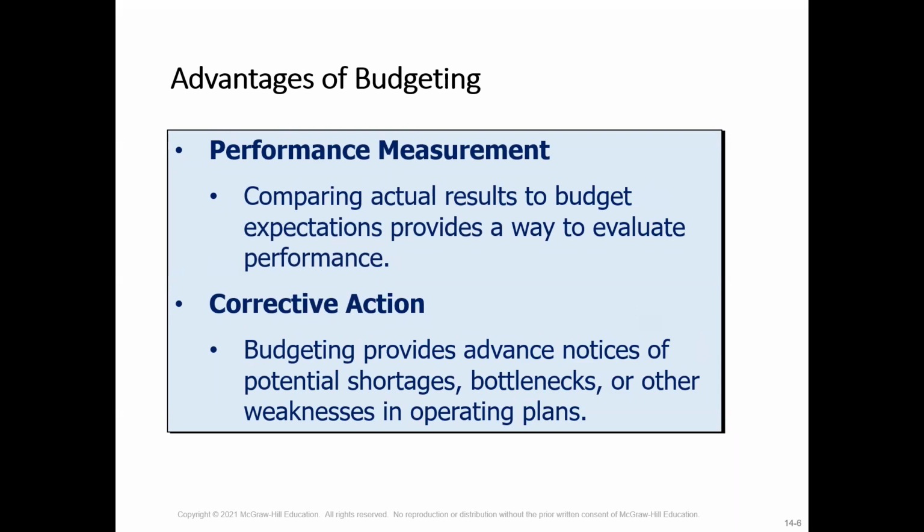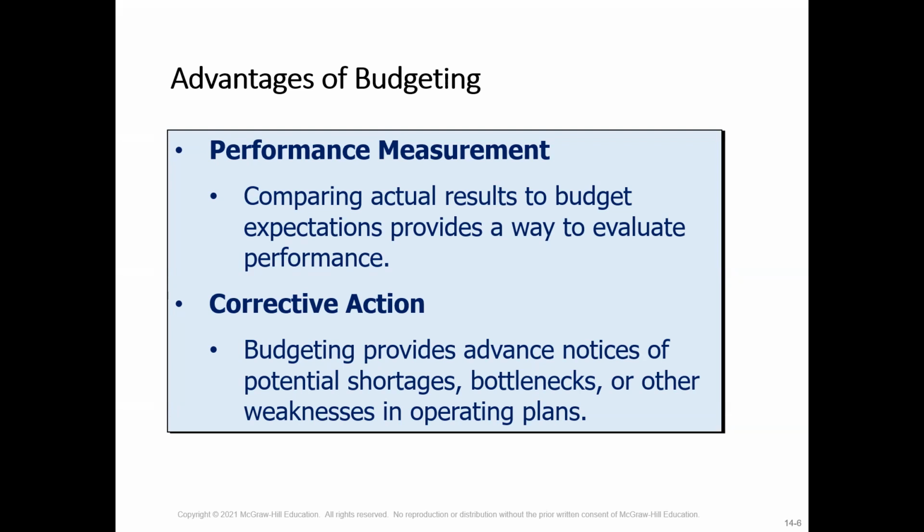Another advantage, which I just discussed, is performance measurement. Look at your budgeted financial statements, compare them to your actual for the most recent month. We were $1 million ahead of budgeted net income. That's great. Why? Maybe looking at customer satisfaction, it's low because we're not responding to our claims fast enough.